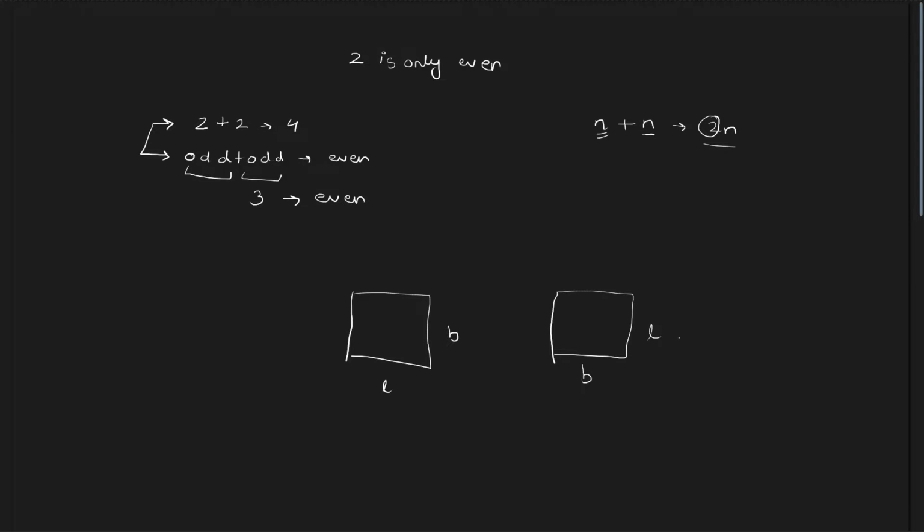I can rotate it 90 degrees to move this width to the bottom so that it becomes the length, or let us just consider this width and this is the height. So when I rotate it by 90 degrees, the height becomes the width and the width becomes the height, right? So this is the only change I'm able to make.